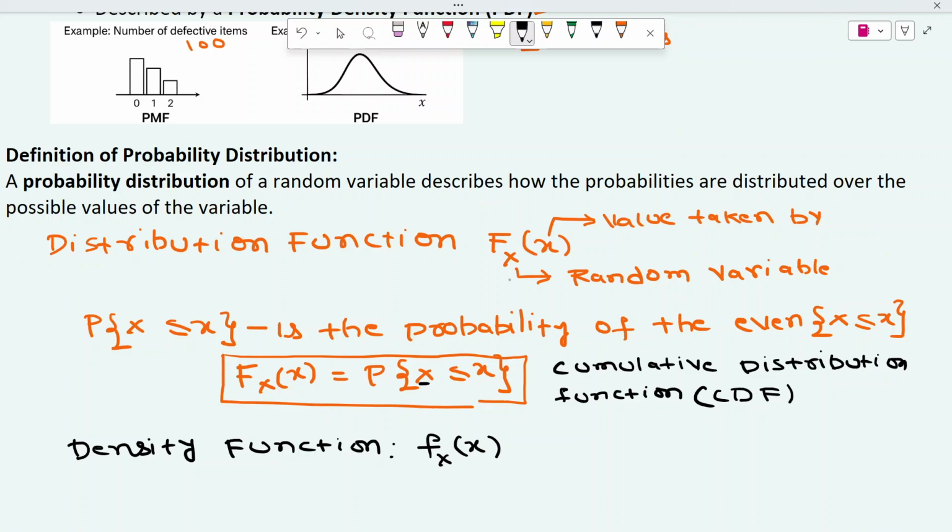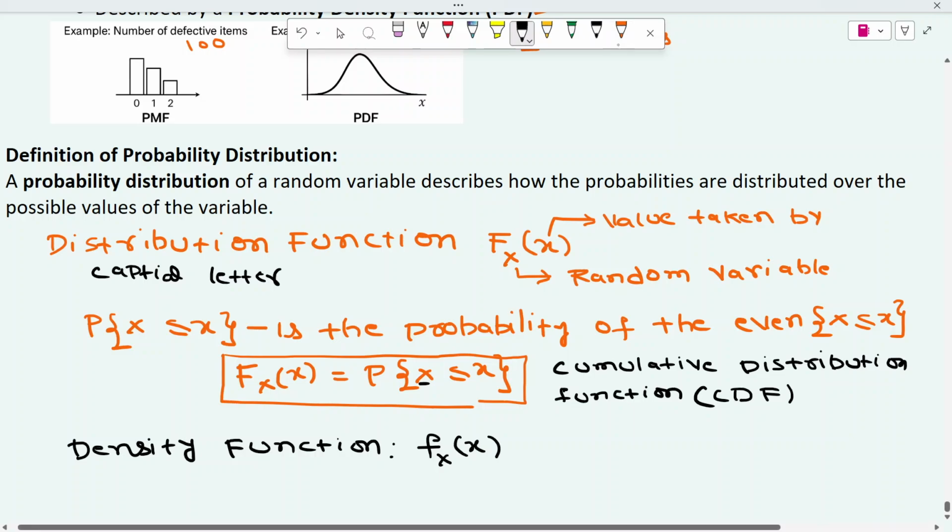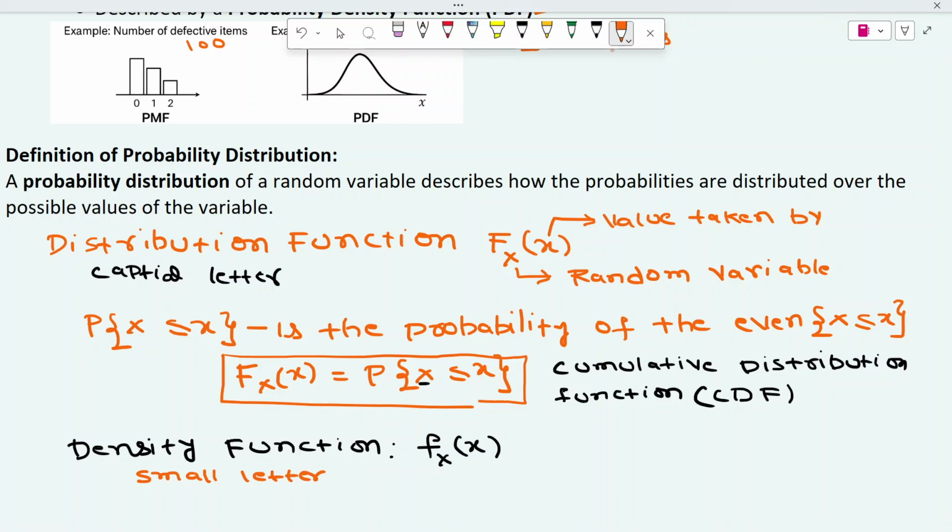So the distribution function is denoted with a capital letter, whereas the density function is denoted with a small letter. The density function f_X of x is given by d by dx of the distribution function F_X of x.